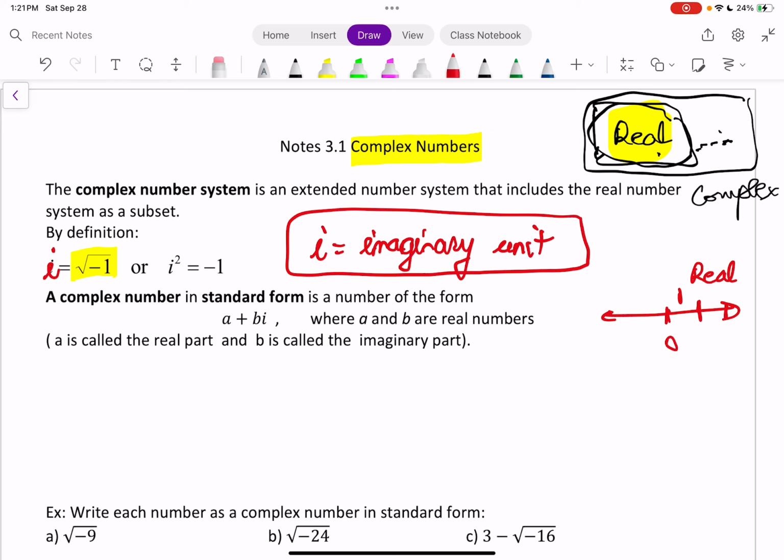Now, as you see from this equation here, we call the square root of -1 i, the imaginary unit. However, if we square both sides of this equation, squaring would get rid of the square root symbol.